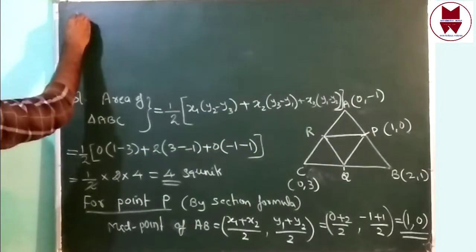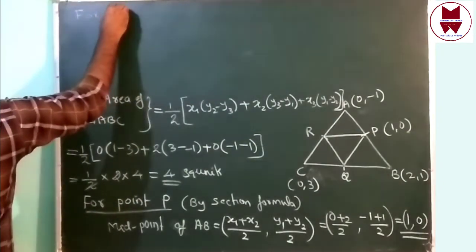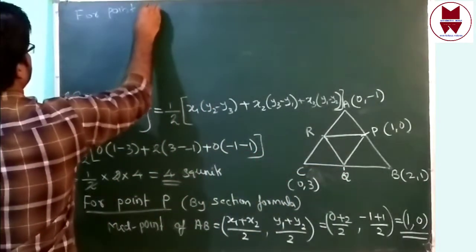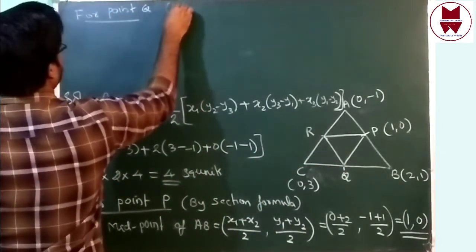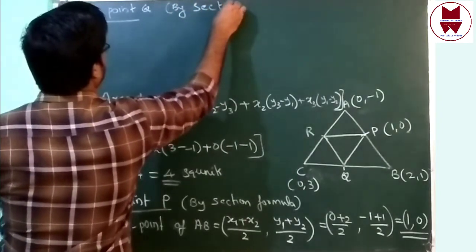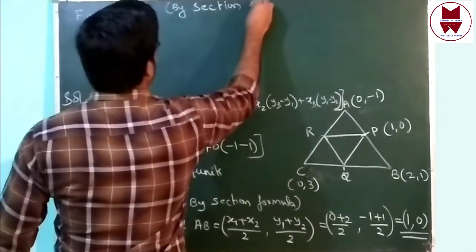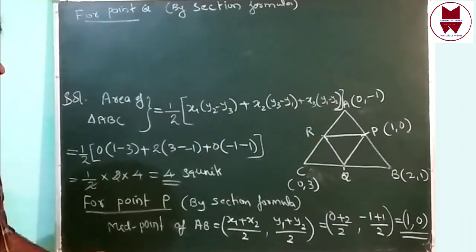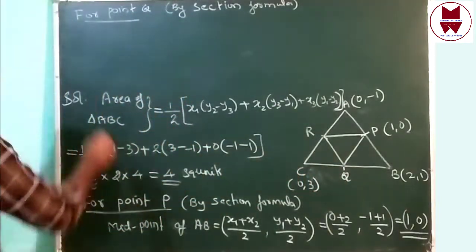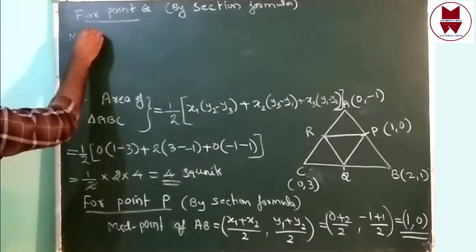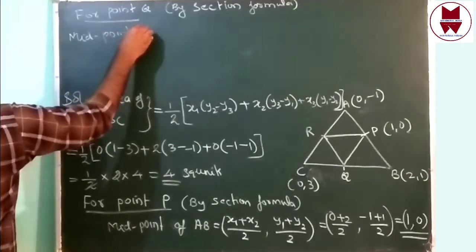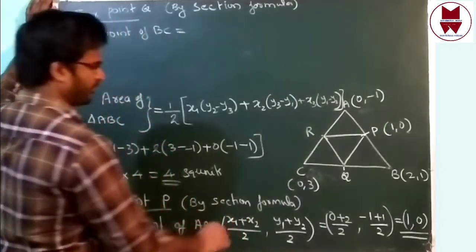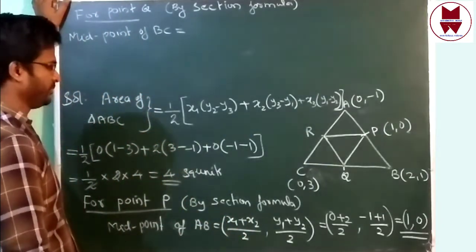Next point is Q. There also we will use the section formula. Q means the midpoint of BC. Midpoint of BC equals, using the same formula, x1 plus x2 divided by 2, y1 plus y2 divided by 2.